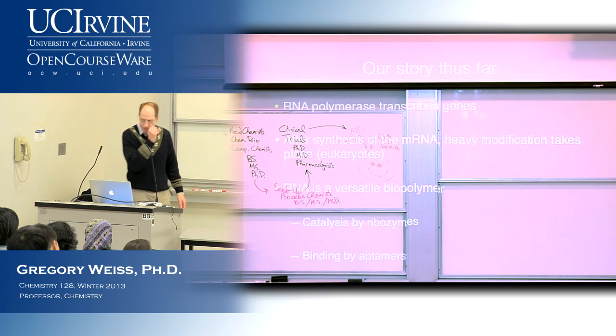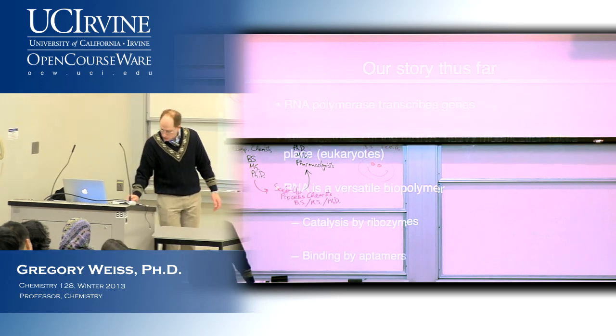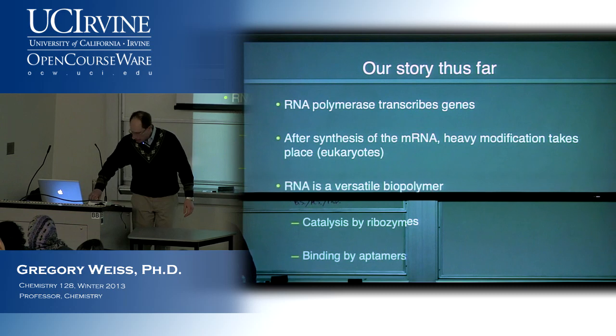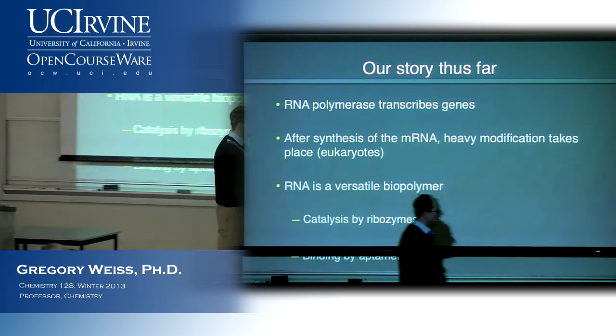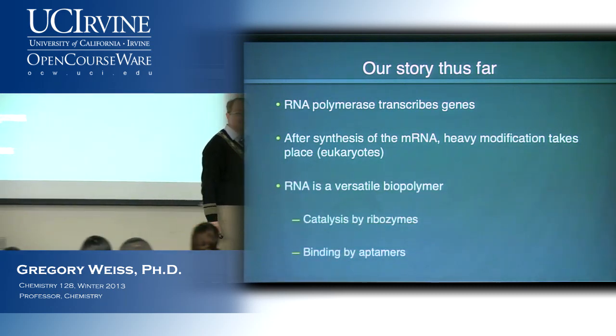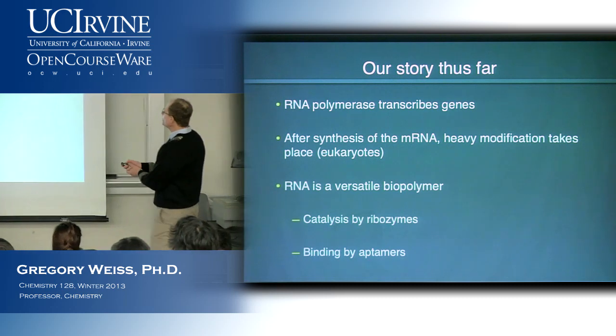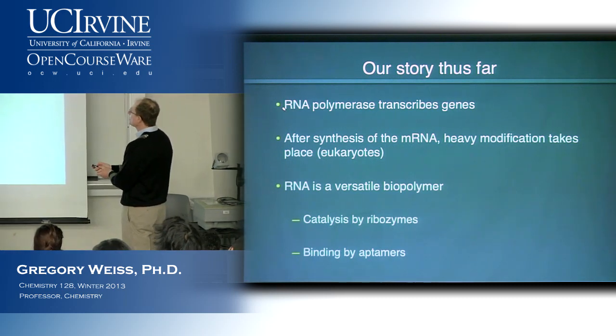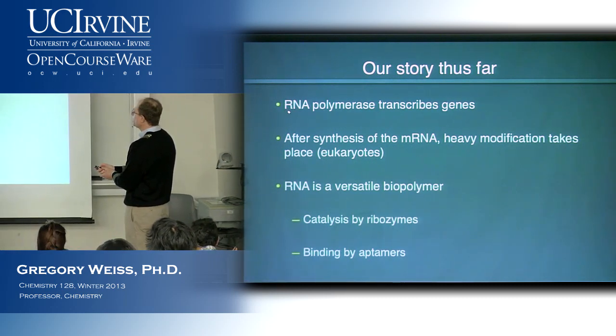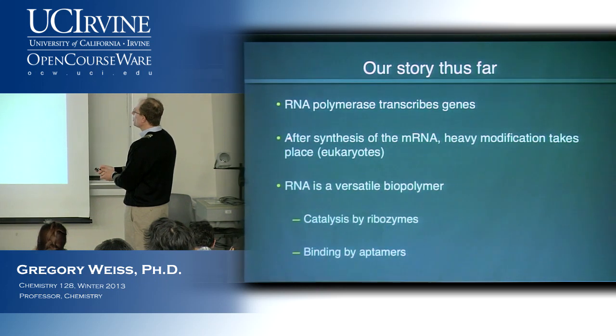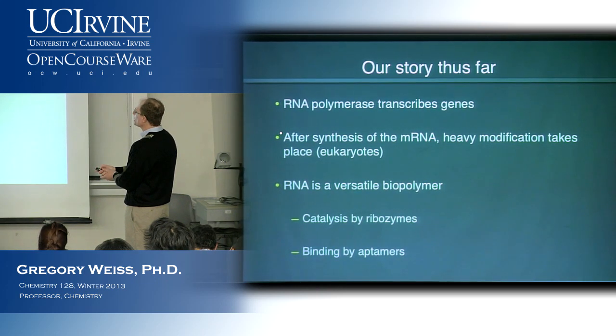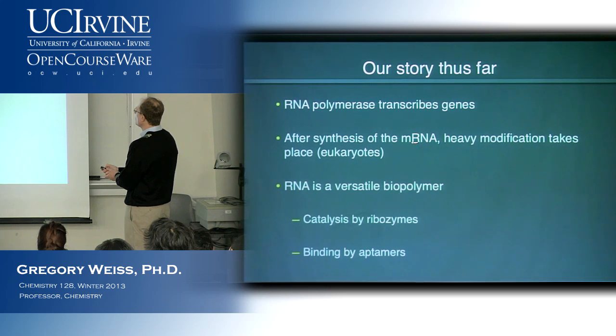So last time I was telling you about RNA and how RNA had a diversity of different structures. What we saw last time was mechanisms of RNA polymerase. We saw this last week. But our message on Thursday was that after the synthesis of the mRNA, heavy modification takes place.